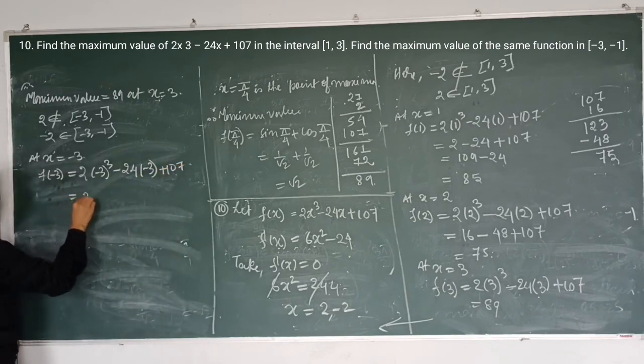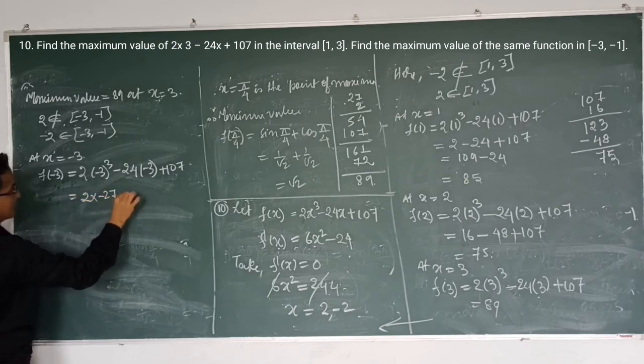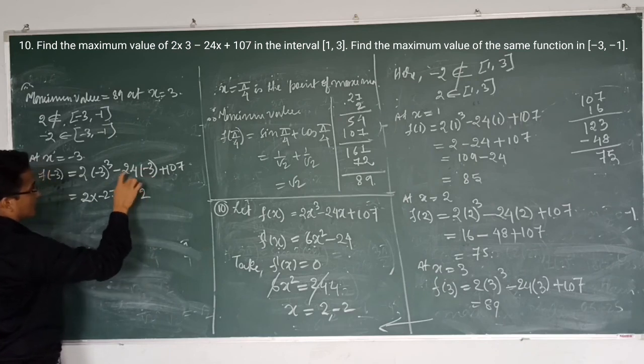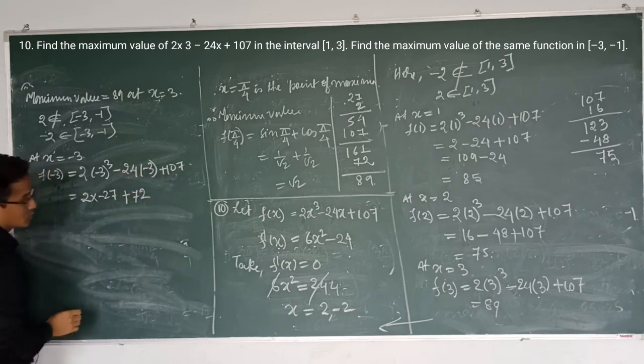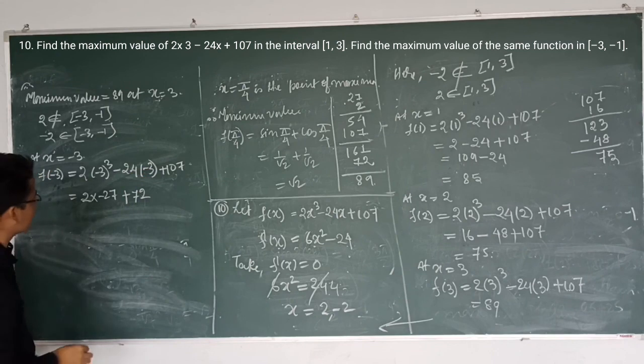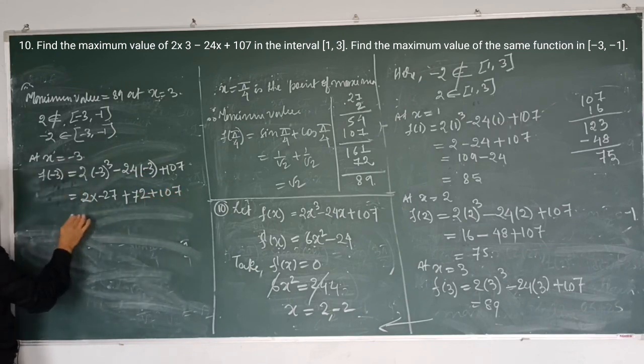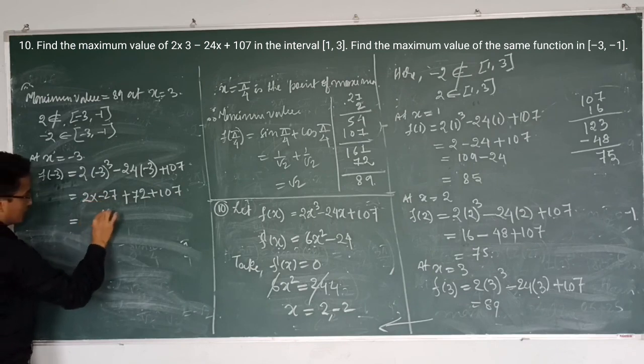This is 2 into minus 27, so minus is plus, 4 3 is 12, 6, 72, okay, 72. This is 107. So this is 7 to 14, okay, 2 to the 4, 1 5.